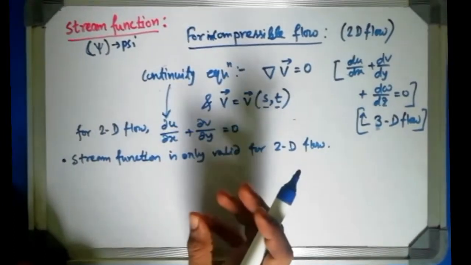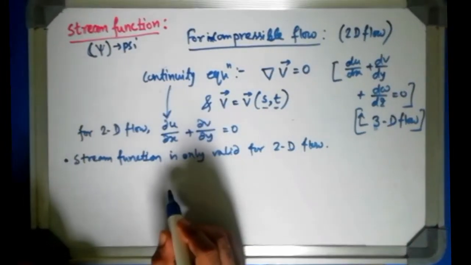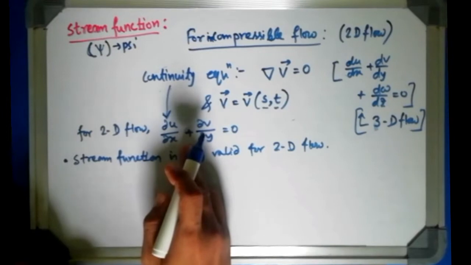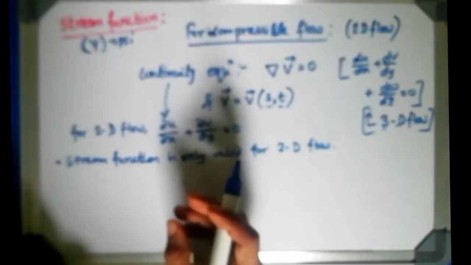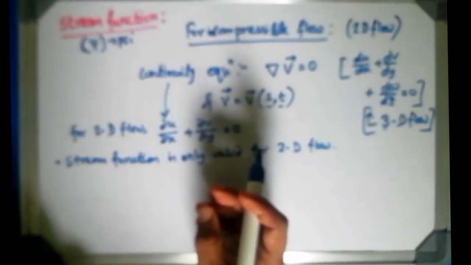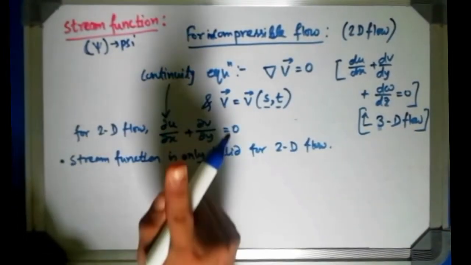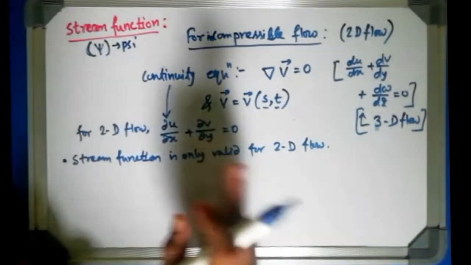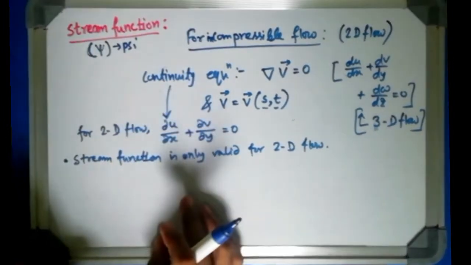Now if I replace this u and v by a single function, and obviously that function satisfies the continuity equation, mind it, then we have some flexibility by which we can represent the continuity equation by only one variable, and that variable is psi, which is known as the stream function.